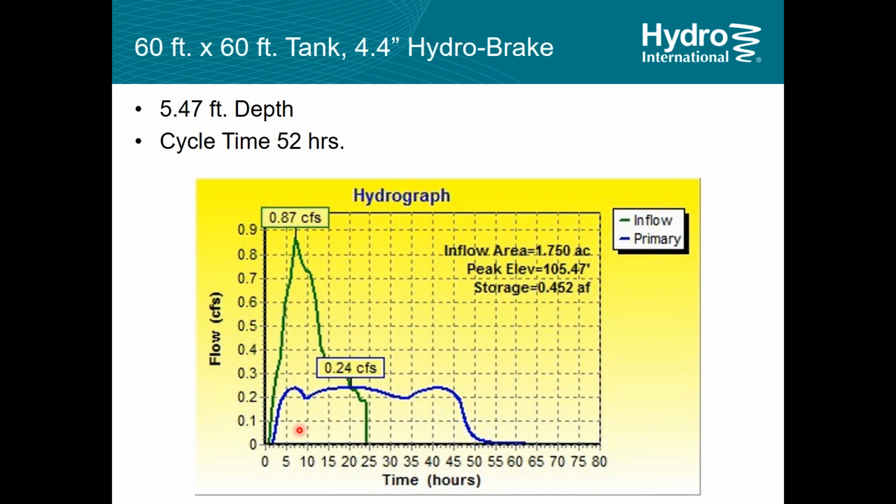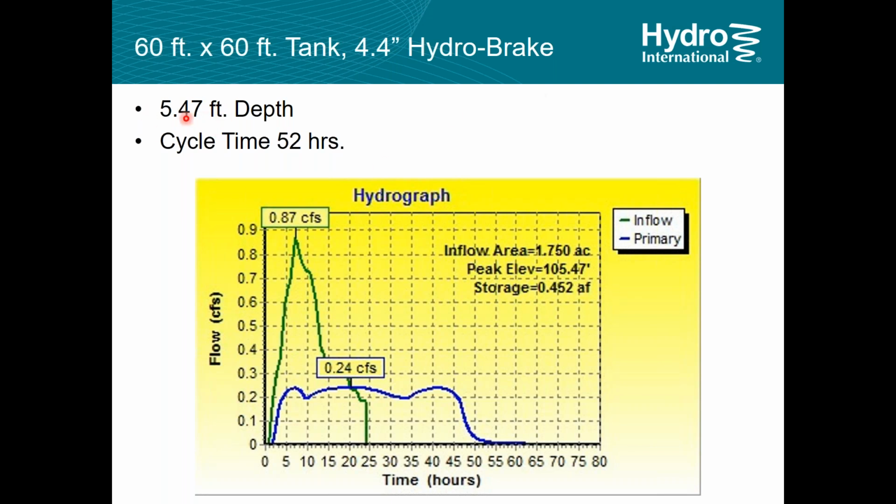So I can go back into my system and remodel. And this modeling is not difficult once you've done one or two. It's quite easy to do and you do them fairly quickly. But I'm just demonstrating here what we're going to end up with. With some reiteration, I get down to about a 60 by 60 foot tank with a 4.4-inch outlet on the hydro brake.